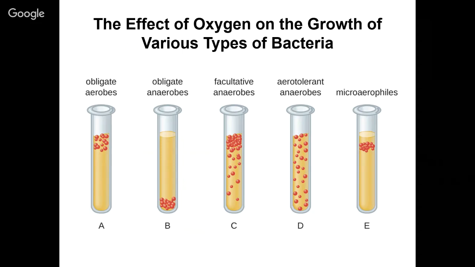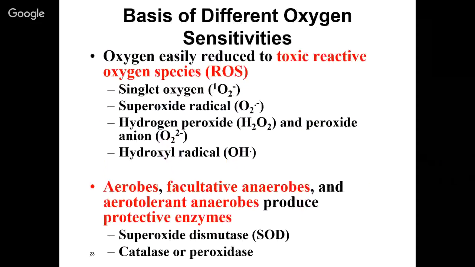And the fourth one can do either. They're like, ish. I can have it, I don't have to have it. Whatever, I'm fine either way. They're ish microbes. And then the last one just needs a little bit, so it's not all the way at the top, but it's close. Okay.